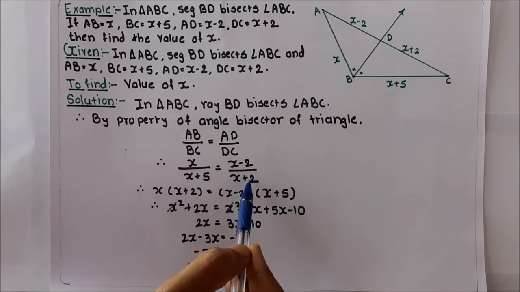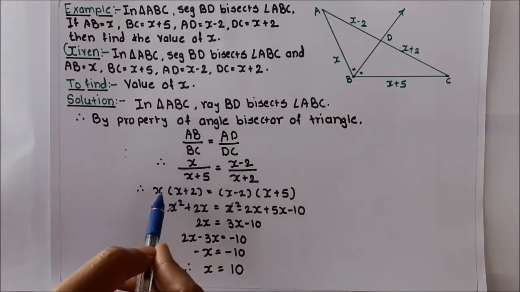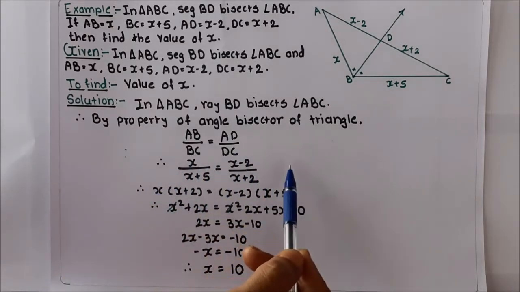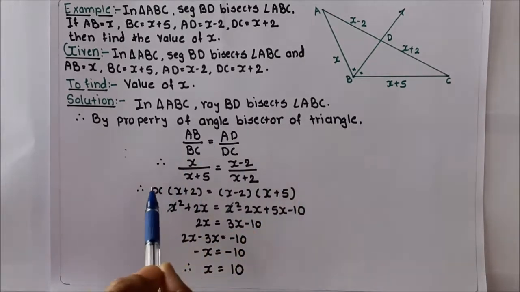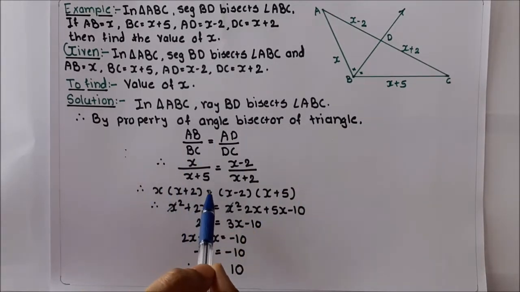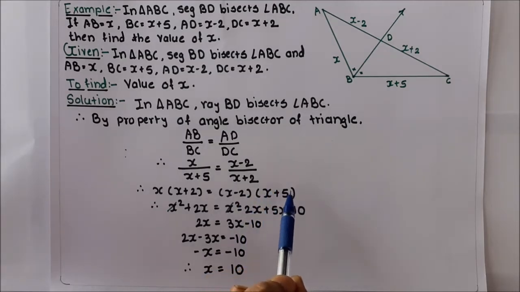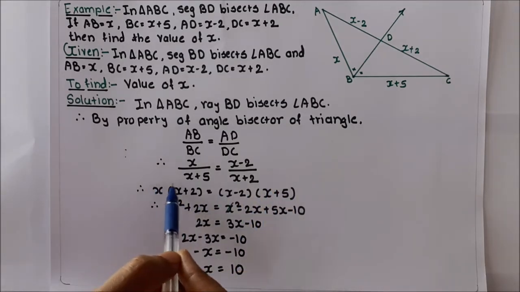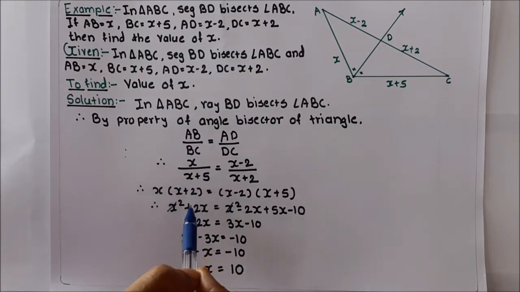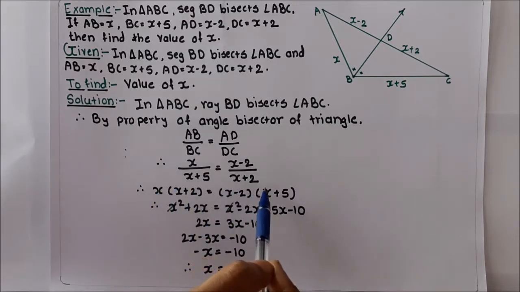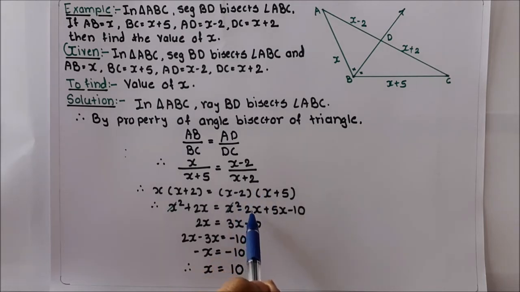Now send this x plus 2 to this side, it will become a numerator. This x plus 5 to that side, it will become a numerator. So x into x plus 2 is equal to first bracket x minus 2 into x plus 5. Now x into x, x square, x into 2, 2x. This is equal to x into x, x square, x into 2... minus 2 into x, minus 2x, x into 5, plus 5x, and minus 2 into 5, minus 10.